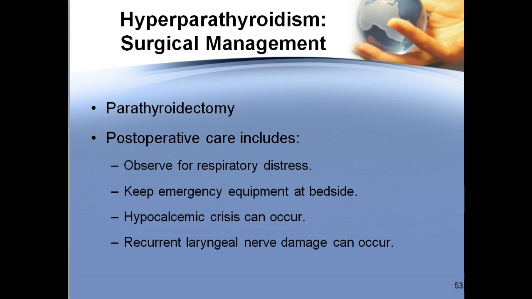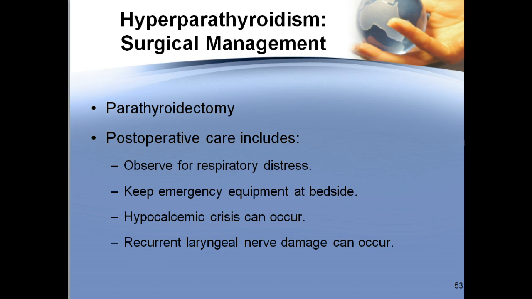And you're going to do the same thing that you do most times. You're going to assess for respiratory distress. You're going to keep the emergency equipment at the bedside. Of course, like they say, a hypocalcemic crisis can always occur.